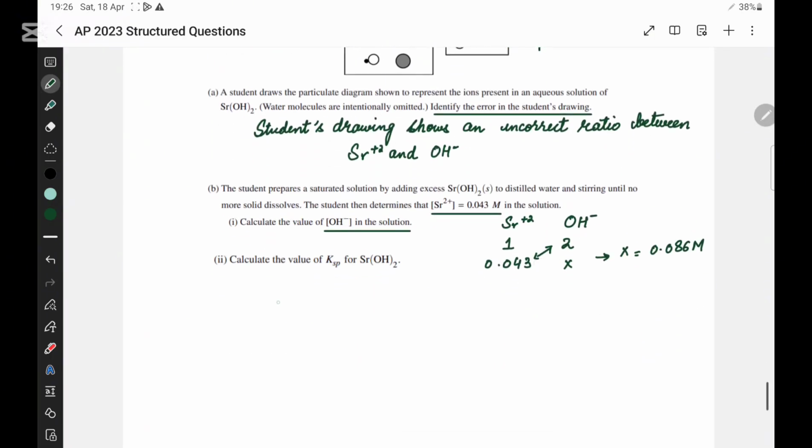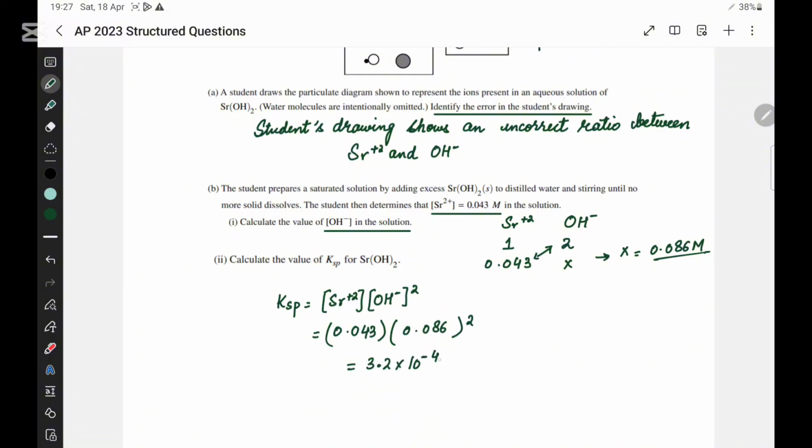Then if we want to find the value of Ksp, which is equal to strontium ion times hydroxide ion whole square. Strontium ion here is 0.043, which is given to us, and hydroxide ion we have calculated, that comes out to be 0.086 whole square. So that comes out to be 3.2 times 10 to the power minus 4. This is the value of Ksp.